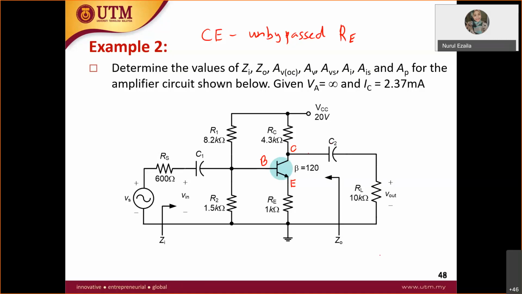All the capacitors will be short circuit. If I want to draw the equivalent circuit, let me copy a bit.